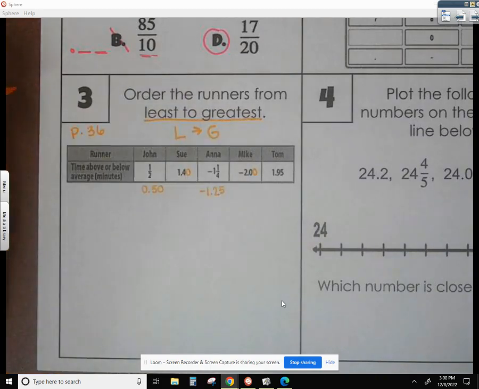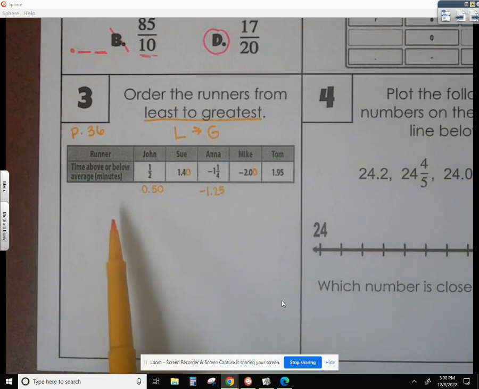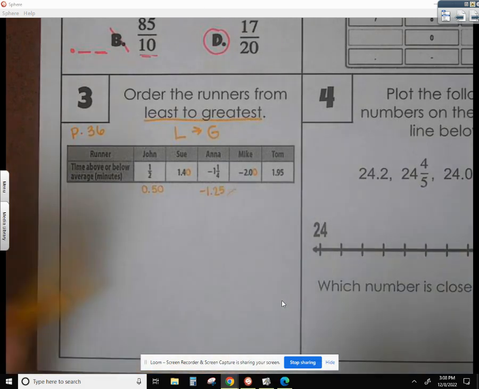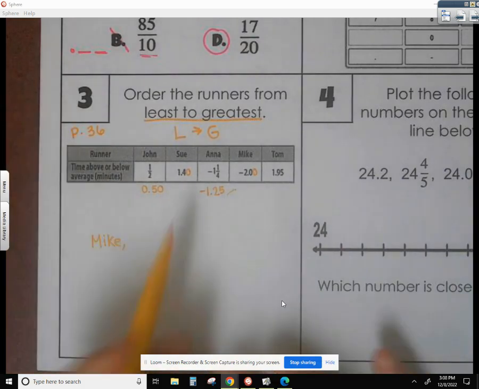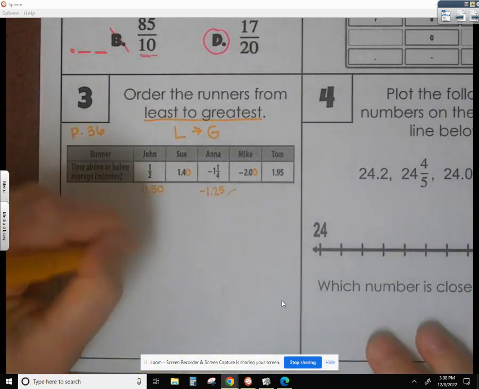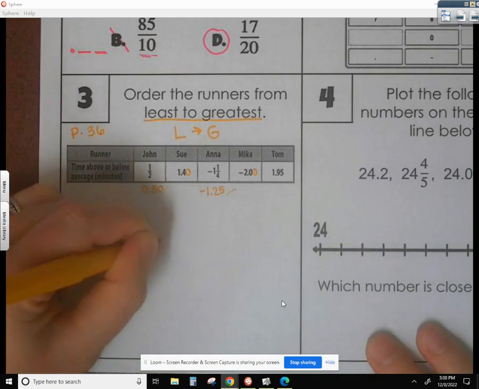So if we're starting least to greatest, we're definitely going to be starting in the negative. And if you were to think about a number line, the number that would be furthest to the left on the number line would be negative 2. So Mike would be first. And then there's only one other negative, so Anna would have to come next.